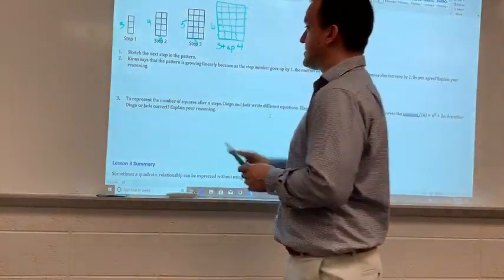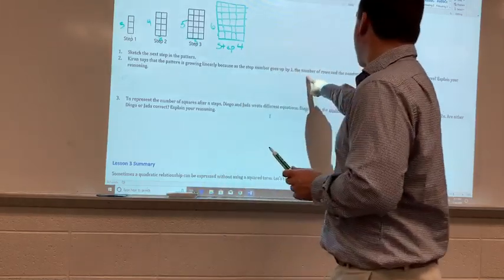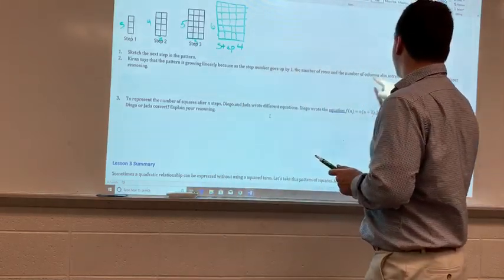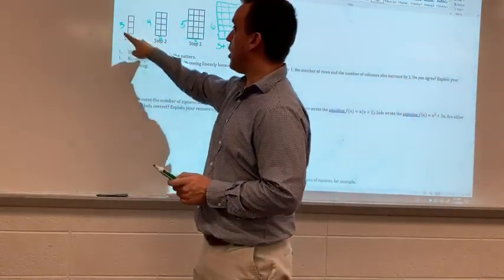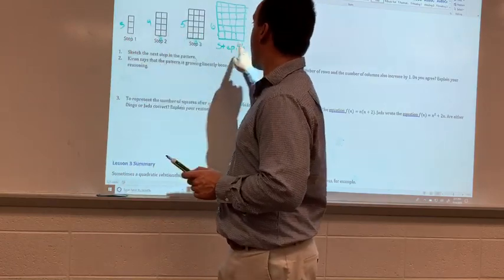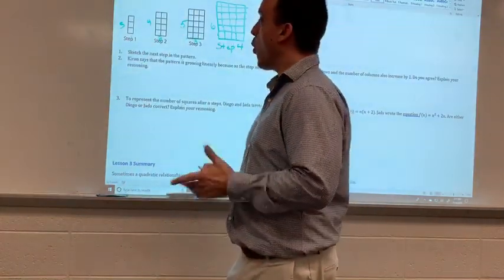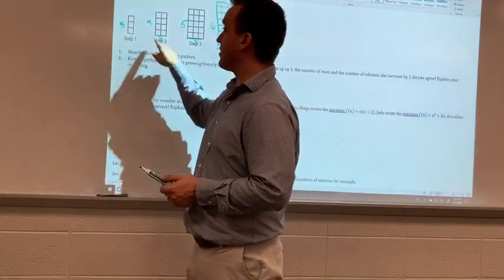So we sketch the next step in the pattern. Now, Kieran says that the pattern is growing linearly because the step number goes up by 1 and the number of columns also goes up by 1. So we see 1 by 3 and 2 by 4 and 3 by 5 and 4 by 6. Well, the relationship is not between the step number and the number of columns.